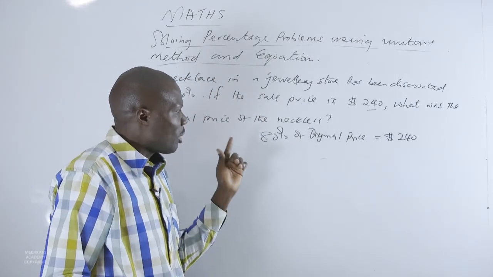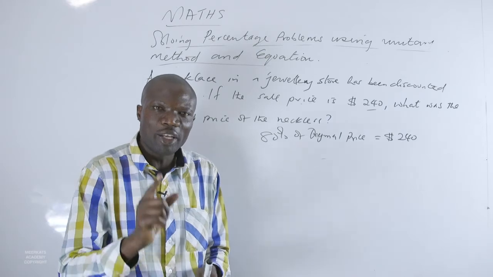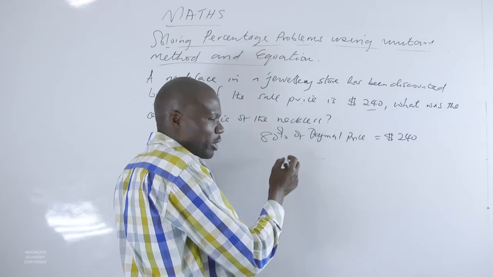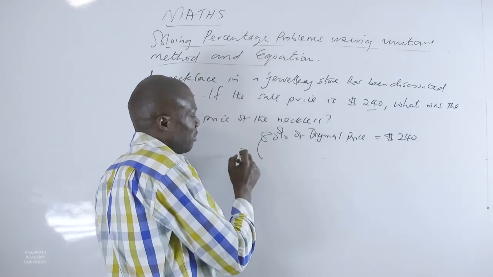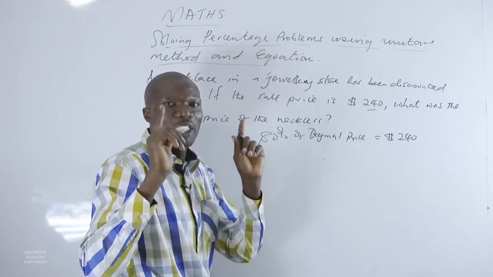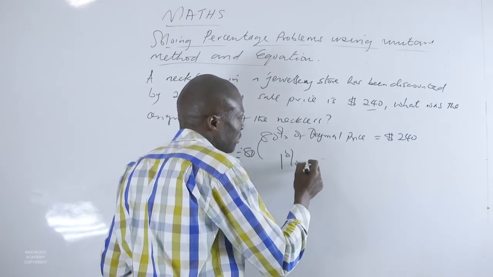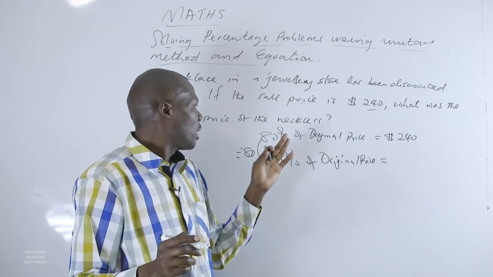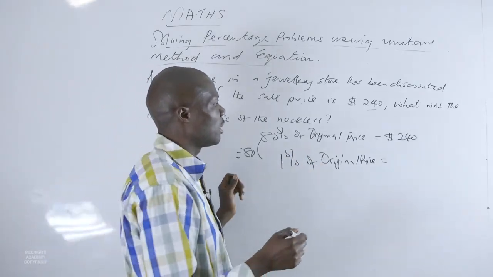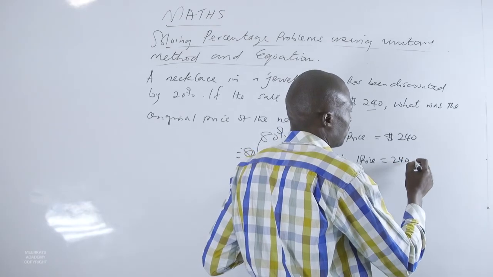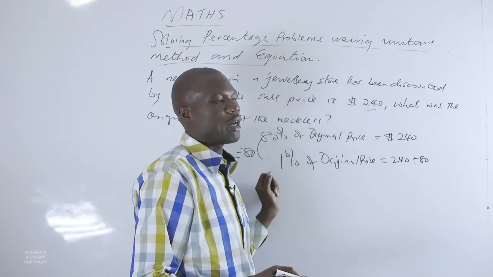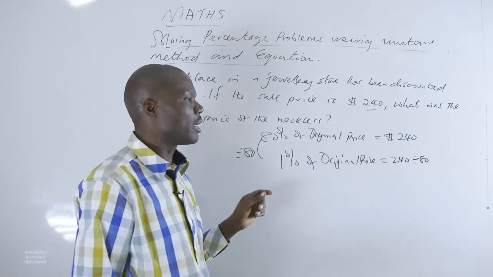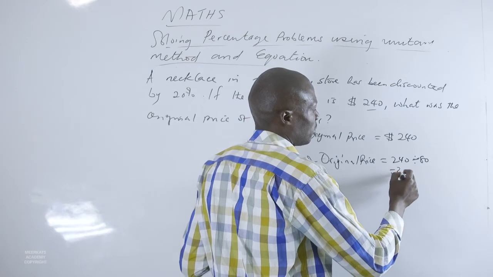Our interest using the unitary method is to find the cost of 1% of that necklace. So we want to get 1%. We shall divide this side by 80. 80% divided by 80 is 1%. So we have $240 divided by 80. And as we all know, dividing by a number is the same as multiplying by its reciprocal.